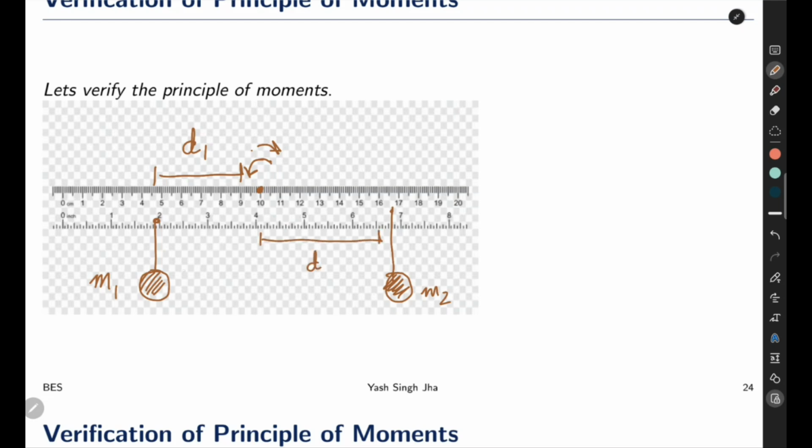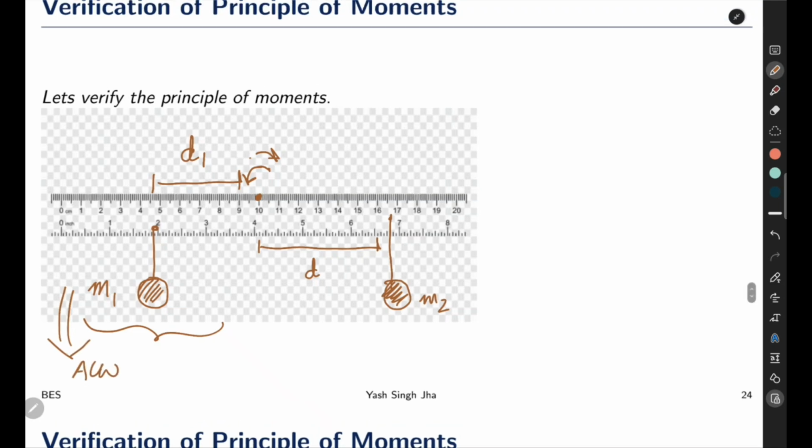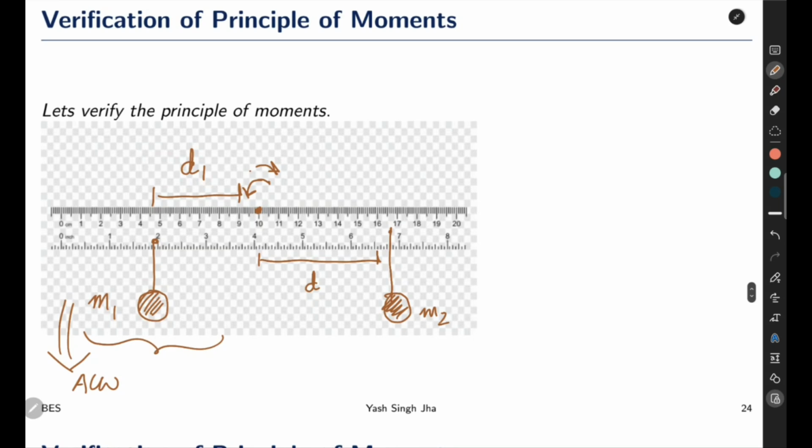If there is only mass m1, the ruler will tend to rotate in an anti-clockwise direction. If there is only mass m2, what will happen? The ruler would want to turn in a clockwise direction.